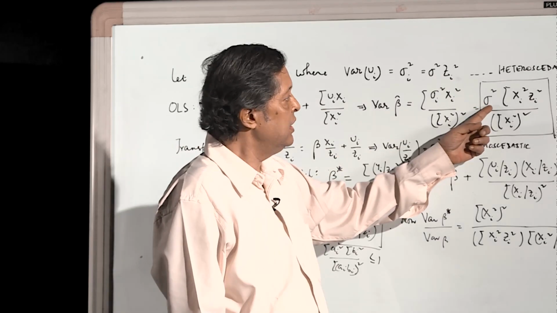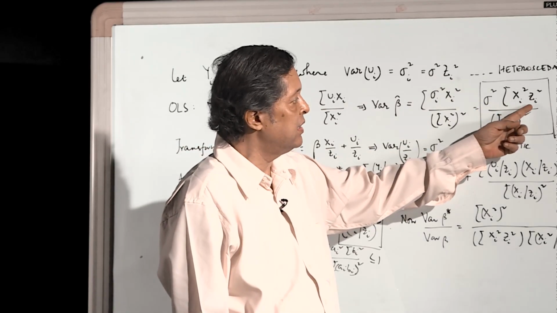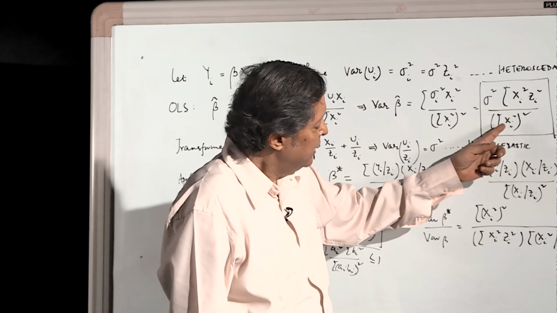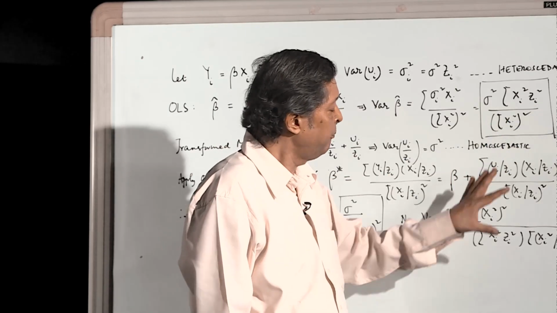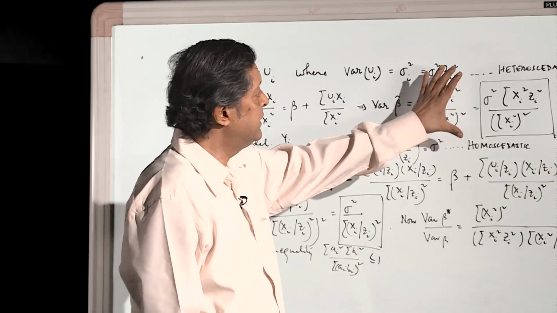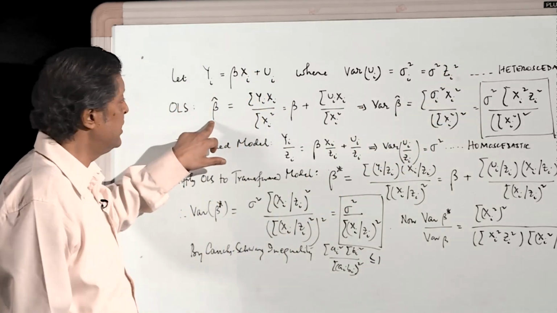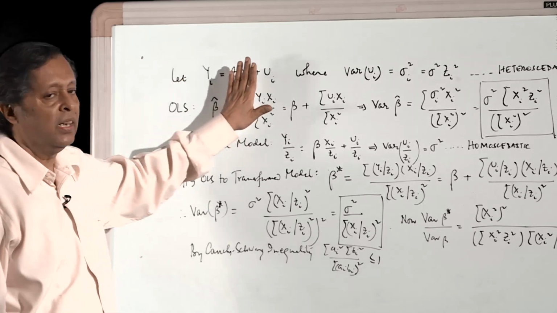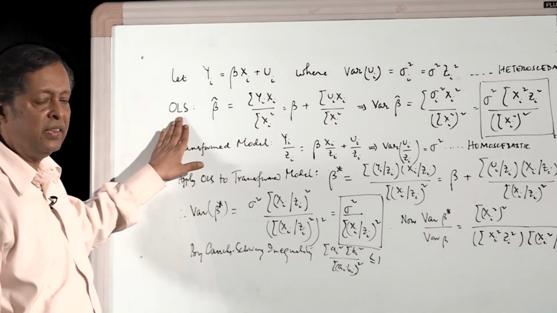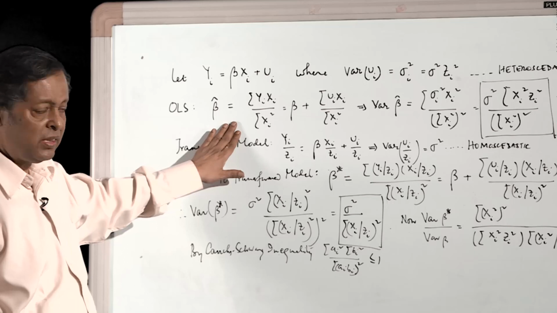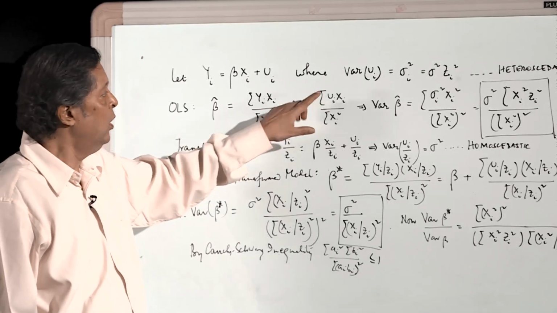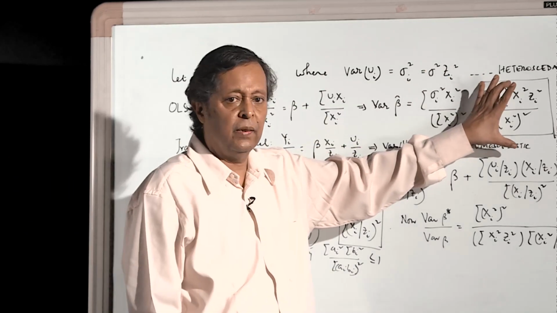So, we get sigma square summation xi square zi square in the numerator and summation xi square whole square in the denominator. That is the variance of the estimate of beta hat if we use the original model, ordinary least squares. Of course, this is unbiased because the expectation of u will be 0, and it has this as the variance.